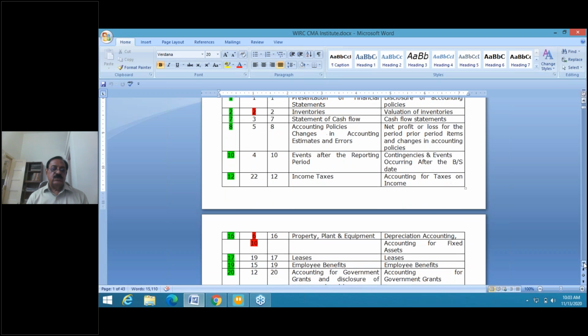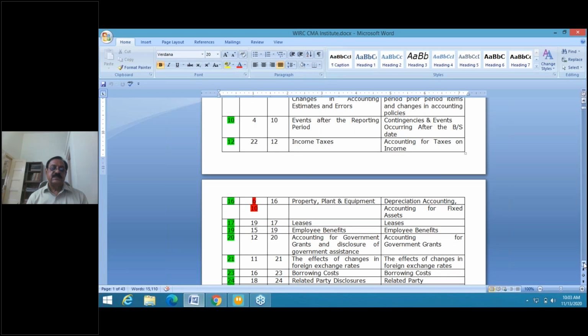Then I will go to your AS 10, and now it is named as Ind AS 16, which is a combination of old AS 6 and 10, regarding property, plant and equipment.